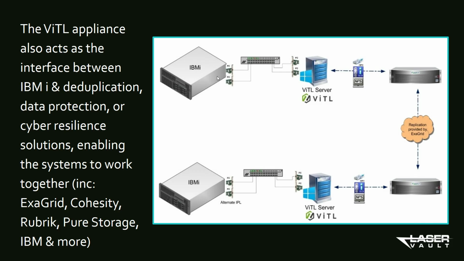You're just able to use our gateway solution, and the VTL connects directly to that storage and writes the data to the storage. So this gives you the ability, if you're using any of these solutions that we are technology partners with, or you have an existing SAN or NAS that you'd like to use for your IBM i backups.